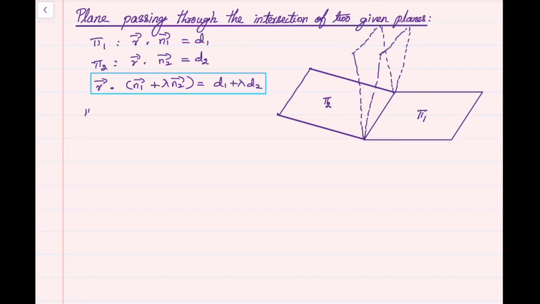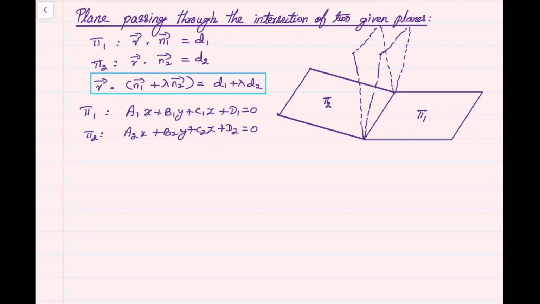Let the Cartesian equation of the first plane be a1x plus b1y plus c1z plus d1 is equal to 0, and the equation of the second plane be a2x plus b2y plus c2z plus d2 is equal to 0.